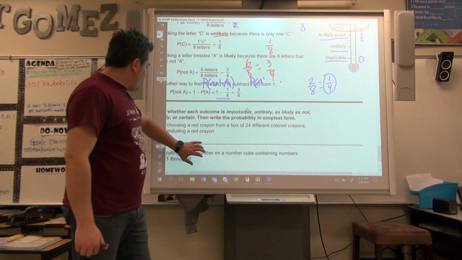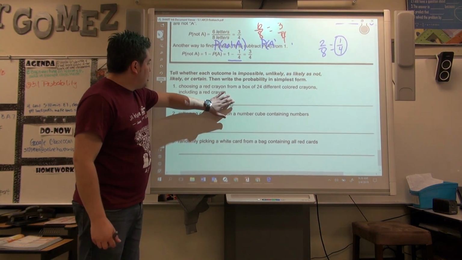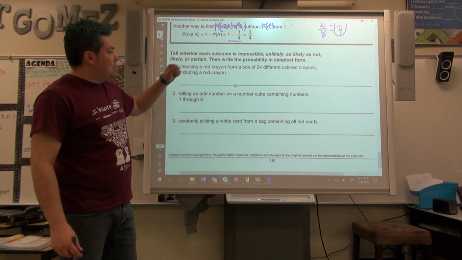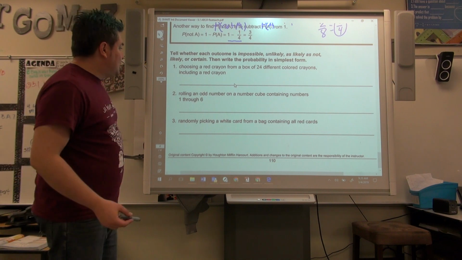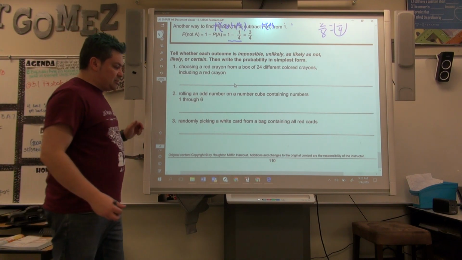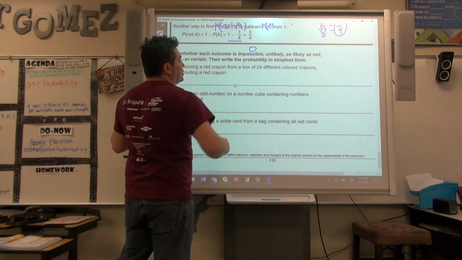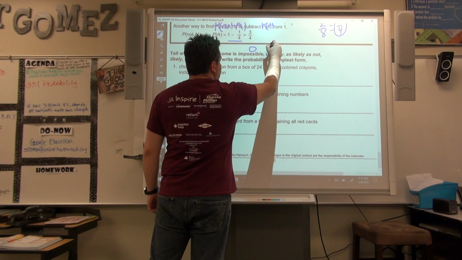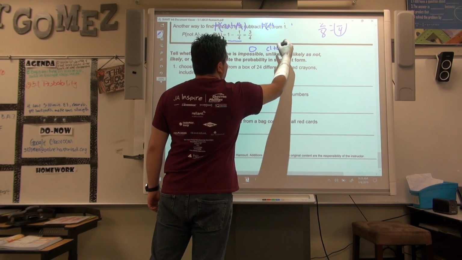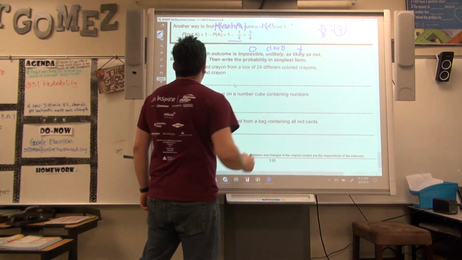So we have a couple of examples right here. It says, tell whether each outcome is impossible, unlikely, as likely as not, likely, or certain. So again, impossible was 0. Unlikely is close to 0. As likely as not is 1/2.